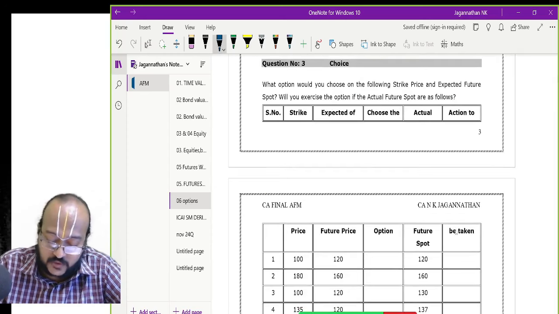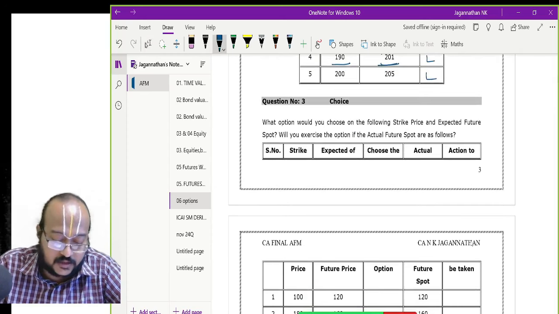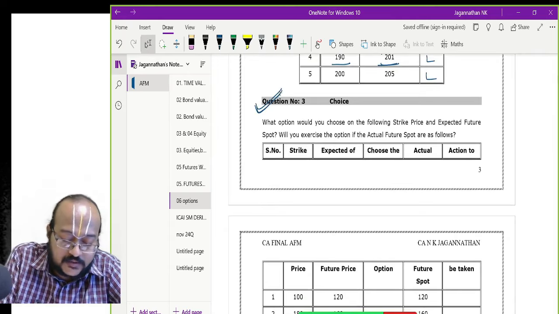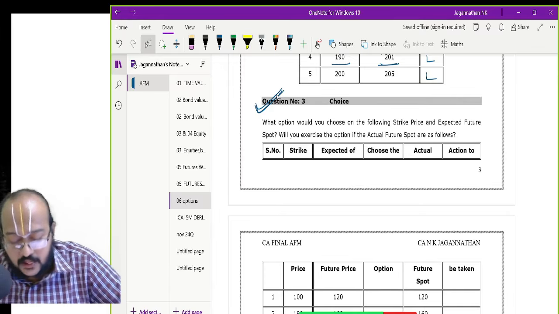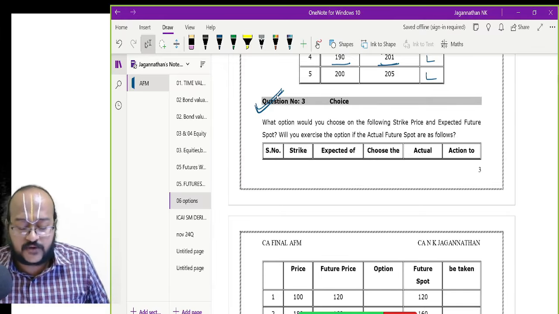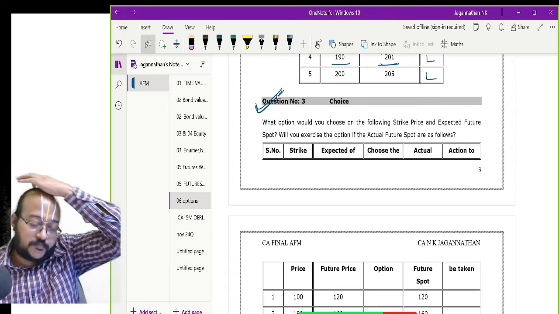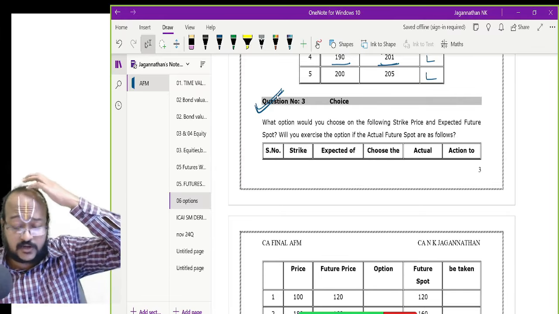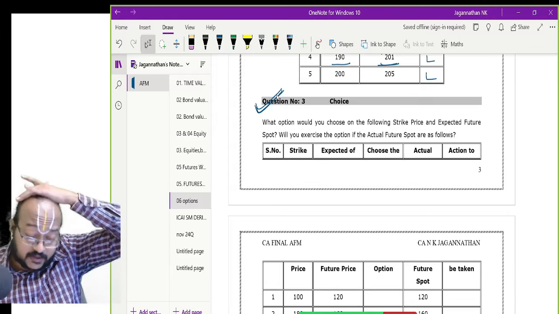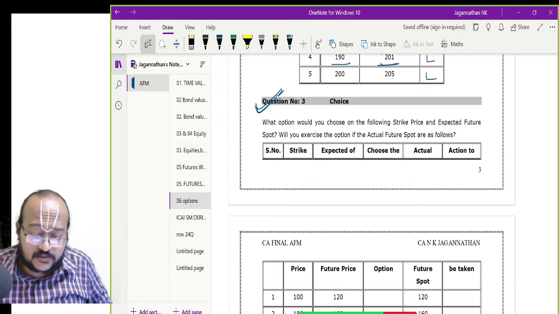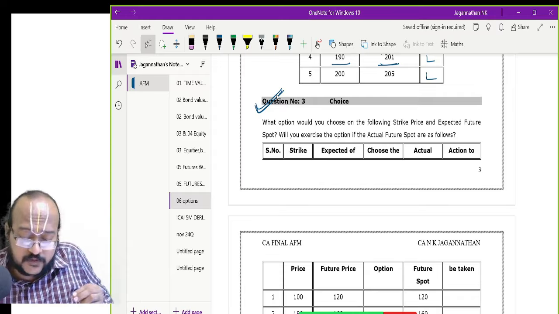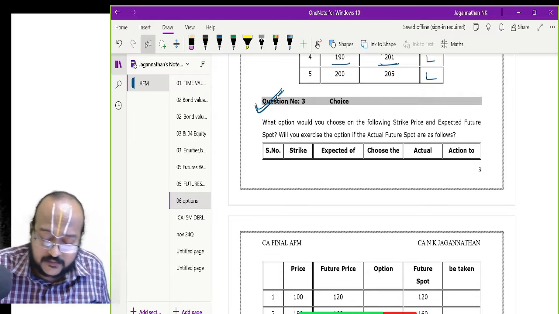Third question. This time we will discuss it and close our session today. This will take hardly five minutes or so. Choose an option from the following strike price and expected future spot. Will you exercise the option if the actual future spot is as follows? See here, what is happening?